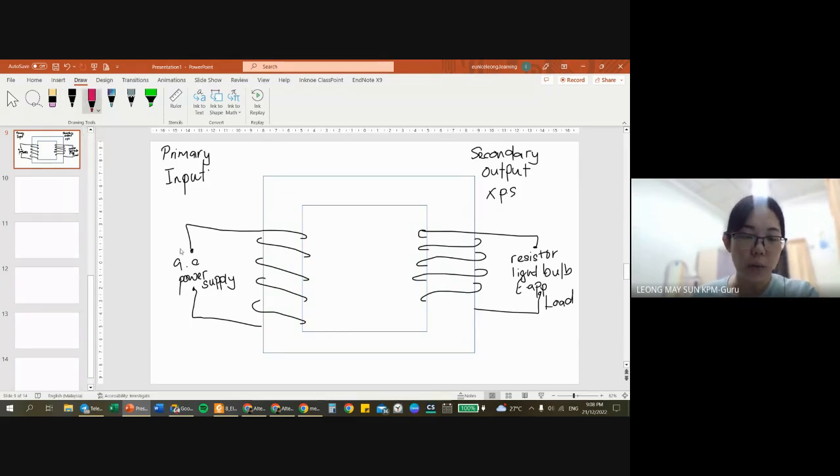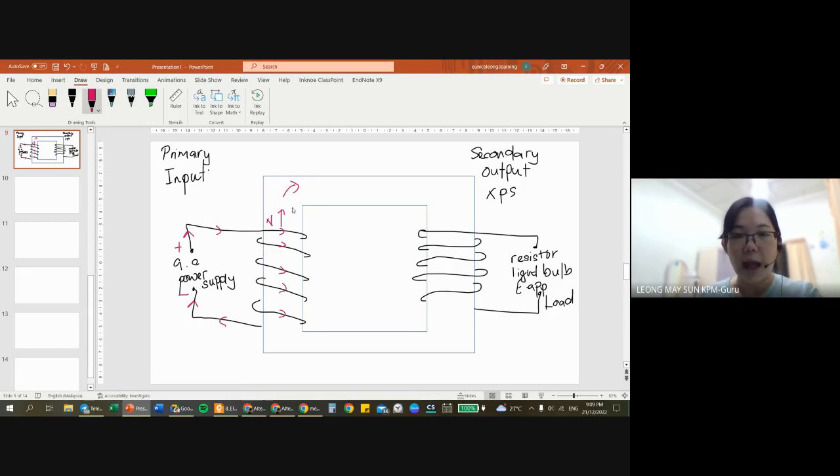So initially, when the top part is positive, the bottom part is negative, current will flow through the solenoid, from the positive to the negative terminal of the power supply. So when current flows here, a magnetic field will be induced, whereby here will be north.